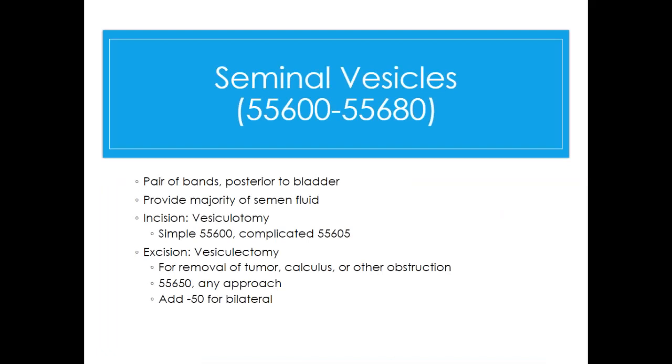Simple is 55600, then your complicated is 55605. Excision, vesiculectomy, for removal of tumor, calculus, or other obstruction. 55650 is any approach, and add on 50 for bilateral. So we're going to be talking about our prostate, 55700 through 55899.